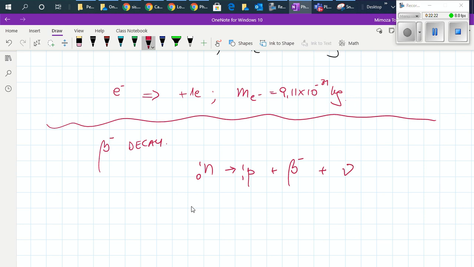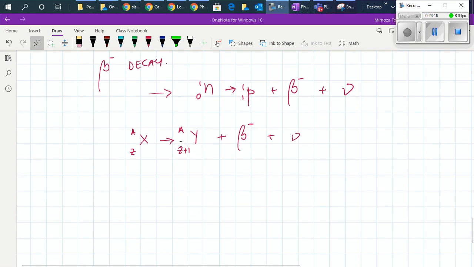And in general, if there is an element that is decaying by beta negative, then the parent element X with atomic mass A and atomic number Z releases a beta negative, and a new element Y with atomic number Z plus 1 and mass A is formed, and then a beta negative, which you can write as an electron, is the same thing, and an antineutrino is produced.